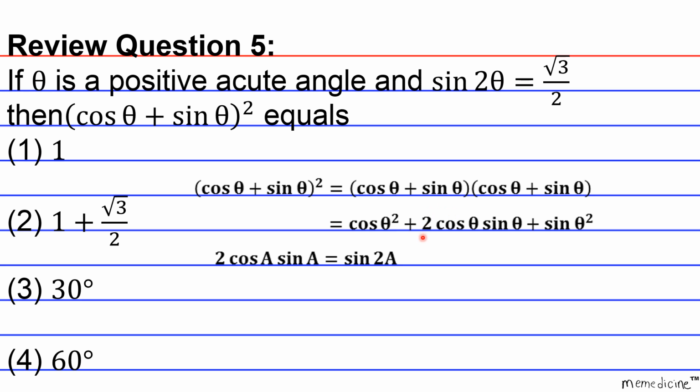Well, here we see the same format, okay? So what we're going to wind up doing is substituting the sine of 2a for this middle term right here, okay? And that's the sine of 2 theta, because this is just the general formula format. And that's looking really good because we have that information.